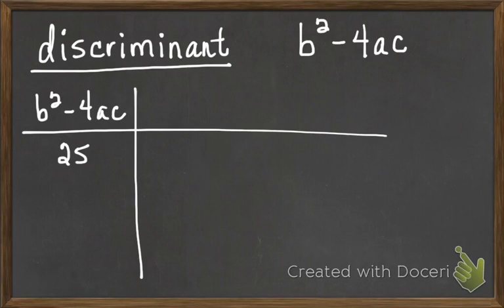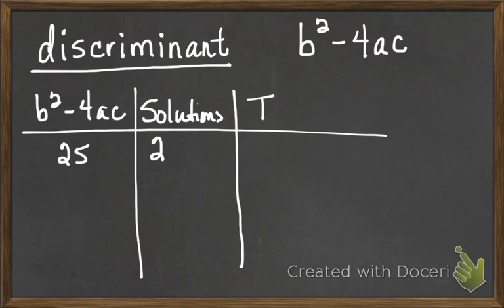So if we do our discriminant and we find out the value under the square root is a 25, that means I'm going to have two solutions. And those solutions are going to be rational, okay, instead of irrational.